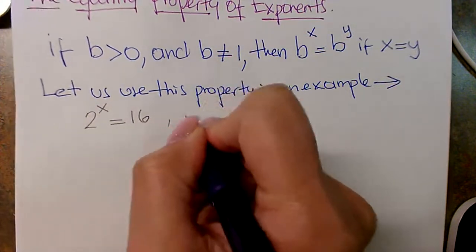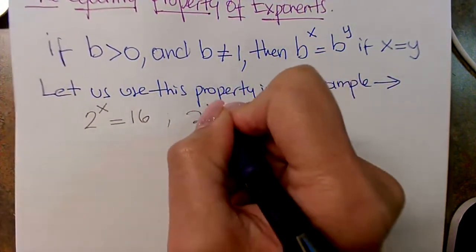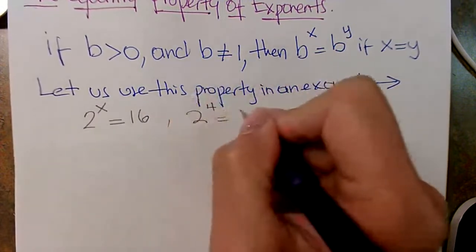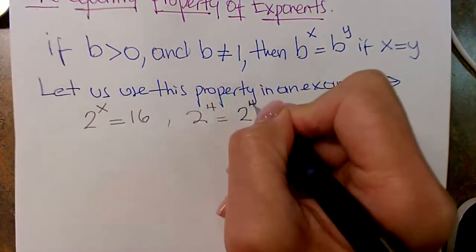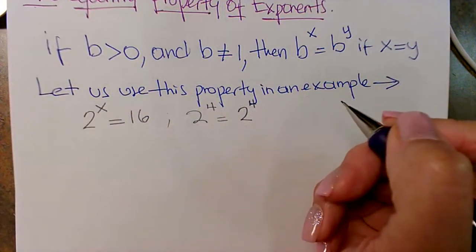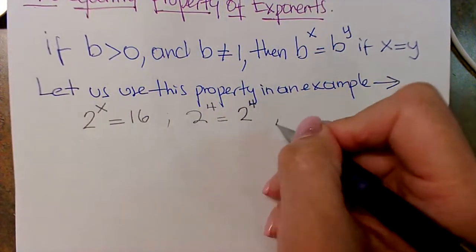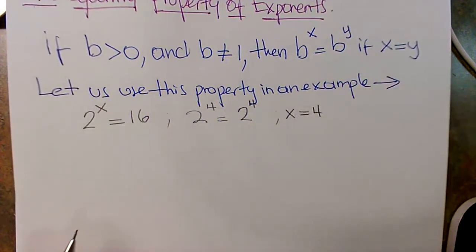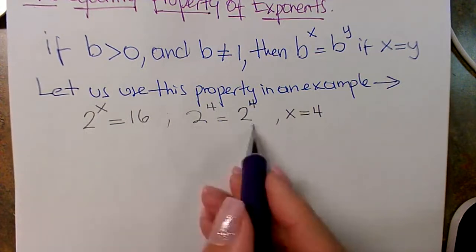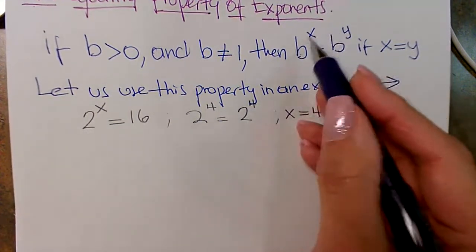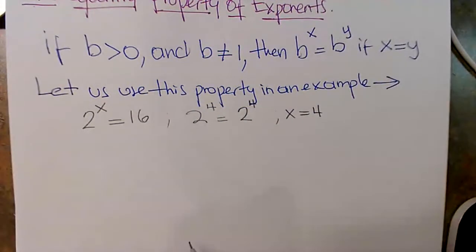So here's the property. The next step will be 2 to the x power is equal to 2 to the 4th power, because 16 can be expressed as 2 to the 4th power. So that's why we say that x is equal to 4. The two numbers are in the same base, so the exponents are the same.